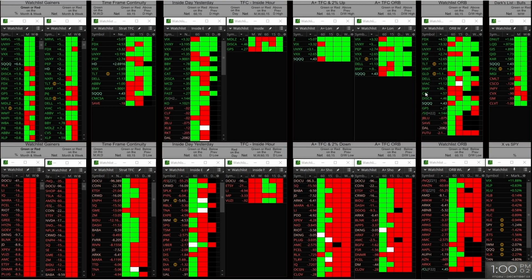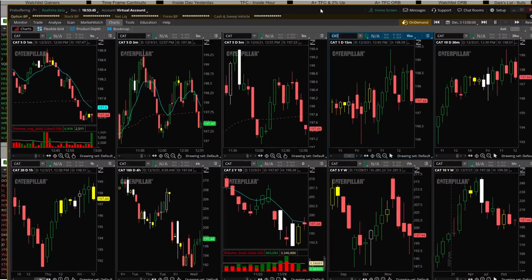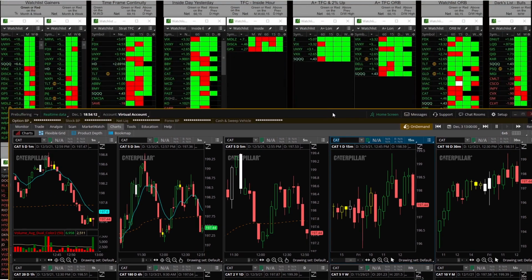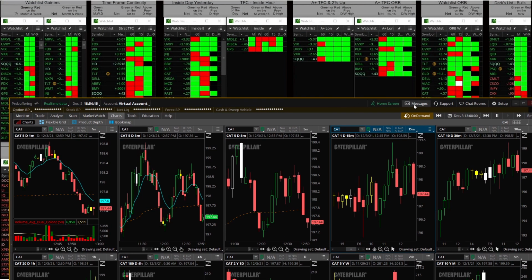So we have a green name, but we're actually red on the day, because we opened up here and we're currently trading below the open, so the candle is red. For the Strat we would consider this red on the day, but Thinkorswim considers it green because we're still above the previous day's close. That's why sometimes you'll see a discrepancy in the color of the name and the color of the candle.